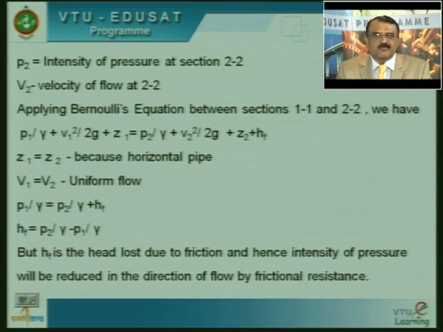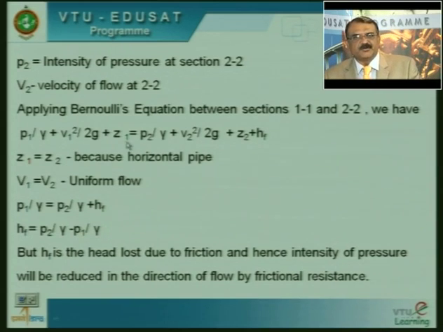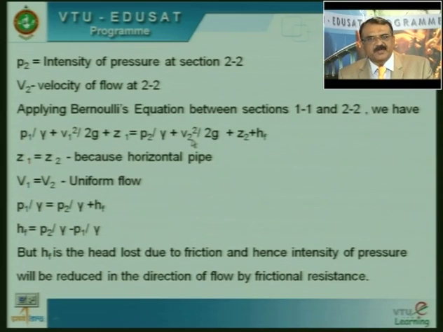Since we assume that the flow is uniform, the velocity at section 1 is equal to the velocity at section 2. Since it is a horizontal pipe, Z1 is equal to Z2, and in this equation Z1 and Z2 get cancelled. Since it is a uniform flow, whatever velocity you observe at section 1, the same velocity you observe at section 2. Therefore, V1 is equal to V2, and this term also gets cancelled. So, what you are left with is P1 by gamma on the left hand side, that is equal to P2 by gamma plus HF.